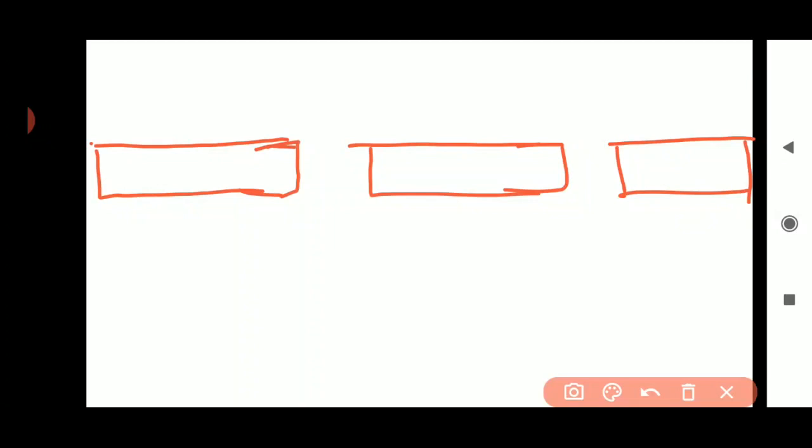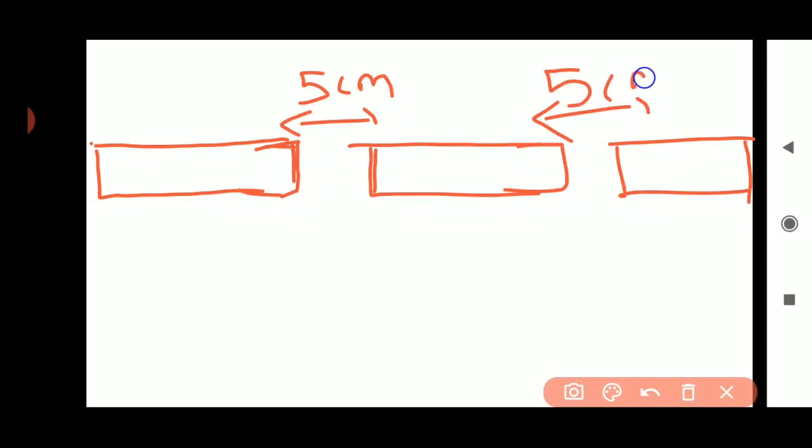I have already discussed that in case of a rail joint there should be some gap between the two rail ends so that the rail can freely expand and contract. For that purpose there should be some space between the two rail ends at the joint. So here also let the space be kept 5 centimeter, and here also the space is kept 5 centimeter. So this is the initial stage.